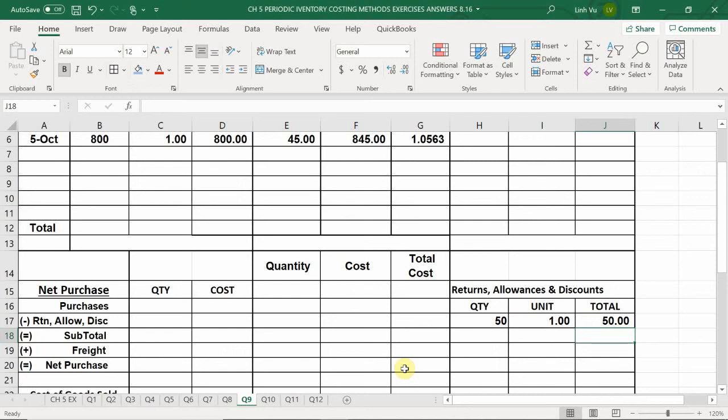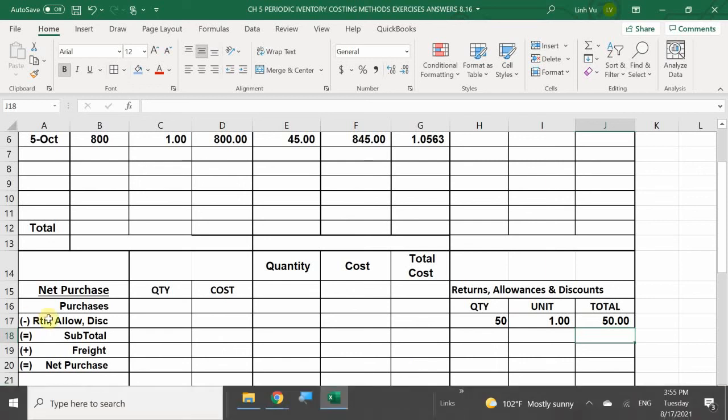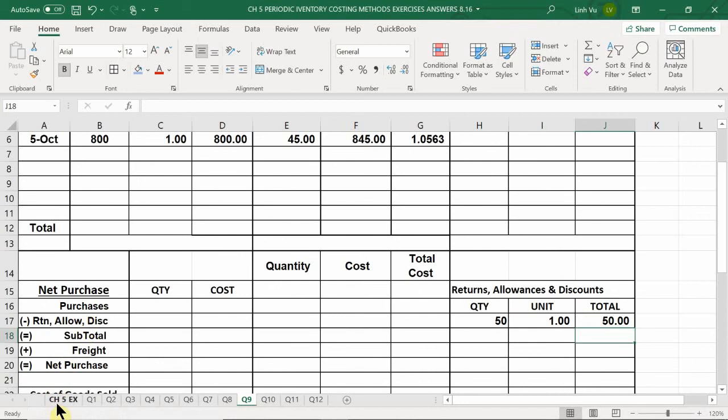So I don't need to keep track of which batch came from which, and I don't need to create that little table for the goods available anymore. I could just move on to the next one.